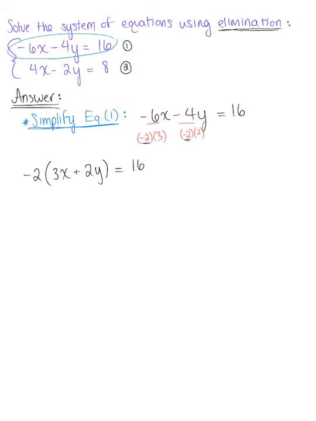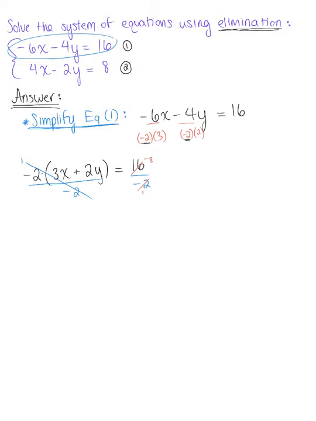So then to simplify, we are going to divide both sides of the equation here by negative 2. So we have negative 2 divided by negative 2 goes to 1. And then we can even make a little note here that minus 2 is going to go into 16 negative 8 times.